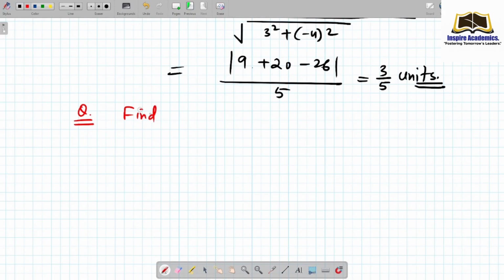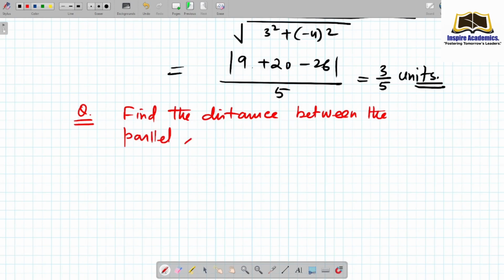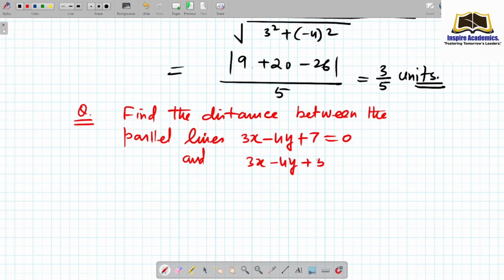Find the distance between the parallel lines, and the lines are 3x minus 4y plus 7 equal to 0 and 3x minus 4y plus 5 equal to 0.